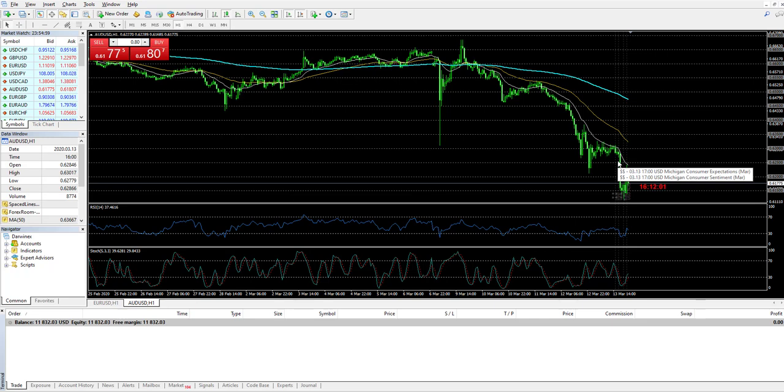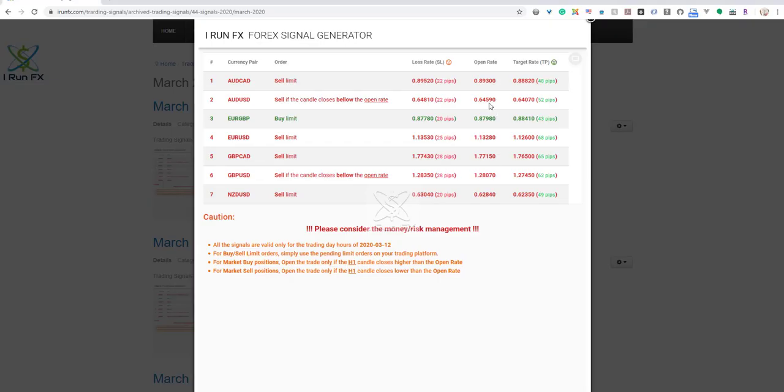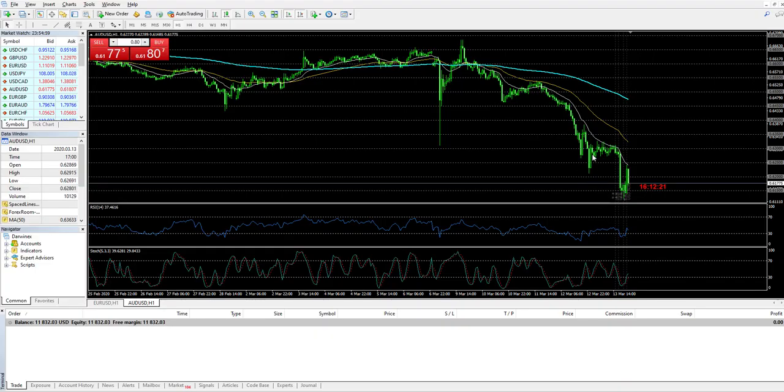You should not open the order at that time, even if the candle touches the open rate. So you should not be greedy. Once you see the market touches the open rate, do not open the trade. You just have to open the trade if the candle closes below the open rate, like this.